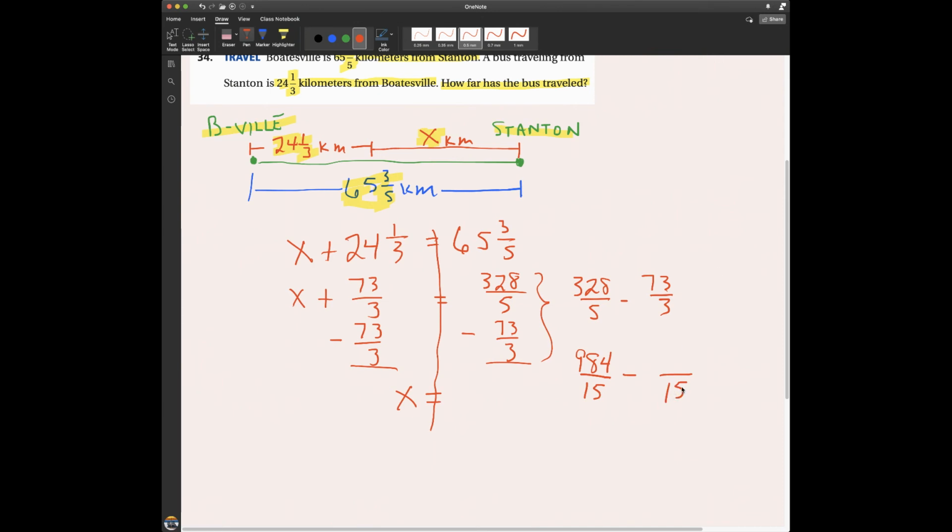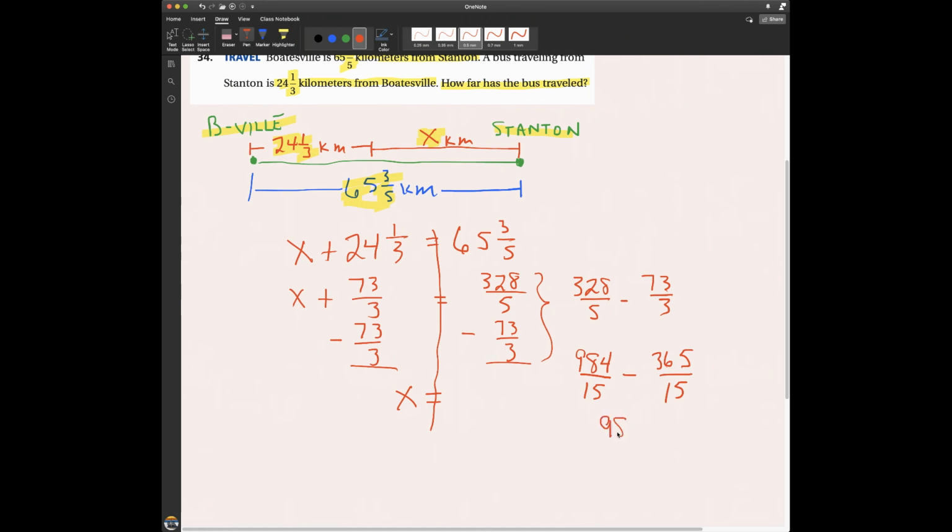So 3 times 5, which means 73 times 5. What do I get? I think it's 365. I haven't checked that one on my calculator. Yep, that's correct. And then 328 times 3. So far we're good.